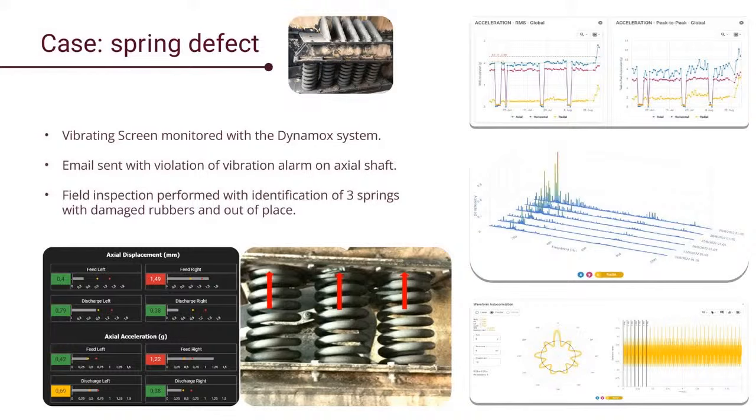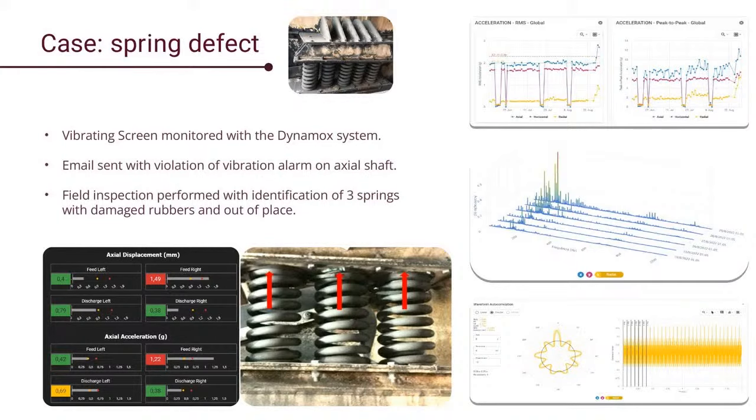And then upon further inspection in DynaPredict, we can analyze the metrics from the spectrums, from all of the measurements for acceleration. We have these graphs for peak to peak on the top right of the screen.